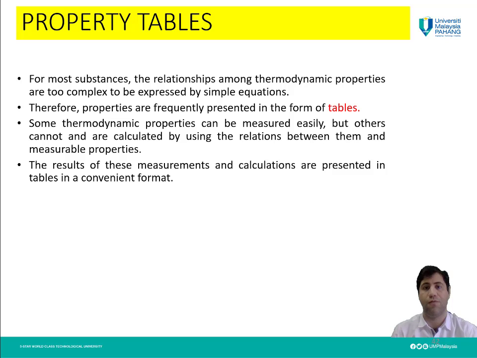For example, if we know the temperature of a substance in a state, we can easily calculate or predict other properties like pressure and specific volume. If we don't have any relationship between these properties, we need to measure all of them one by one: the pressure, the volume, the temperature, and all of the properties.